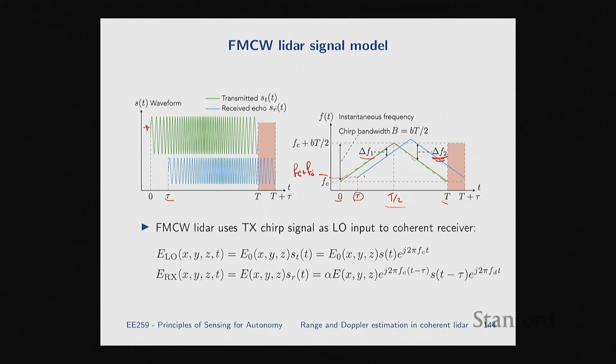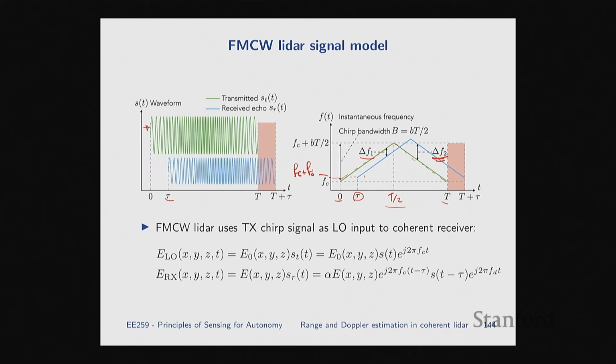We call that delta f2. One could be smaller, the other one could be larger. And it turns out that if we somehow estimate both delta f1 and delta f2, from that we can calculate both range and velocity. And that's all we need to do. So let's see what the signal model looks like with this choice of waveforms, and then we'll see the DSP.